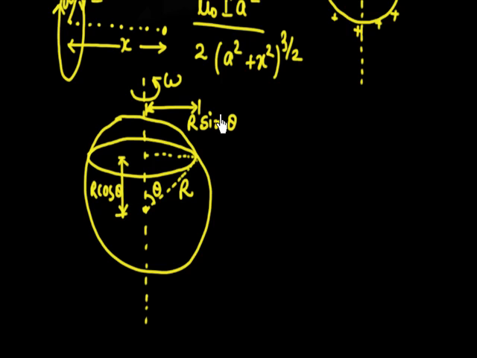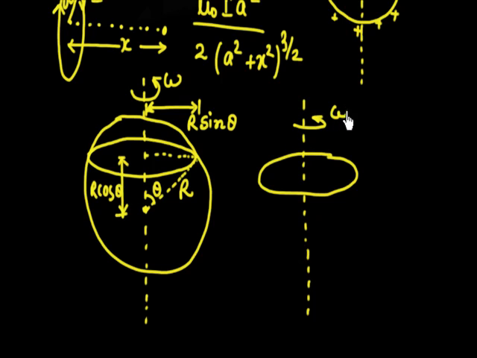Now consider another elemental ring. This is at angle theta. For the next ring, I consider an angle of theta plus d theta, on this side. Let me make the same thing again. I have a ring, and this is my axis of rotation, and this ring makes an angle theta with the vertical.